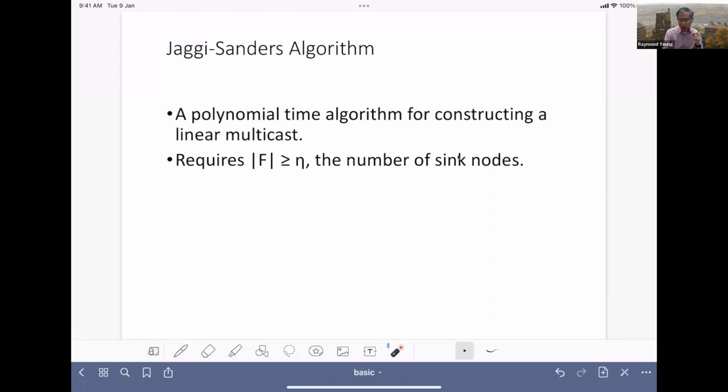In general, you can make all the nodes with max flow greater than or equal to omega sinks, but you also have the option of choosing a subset of these nodes as sinks. You don't have to use all of them. In that case, you can reduce the requirement on the field size.